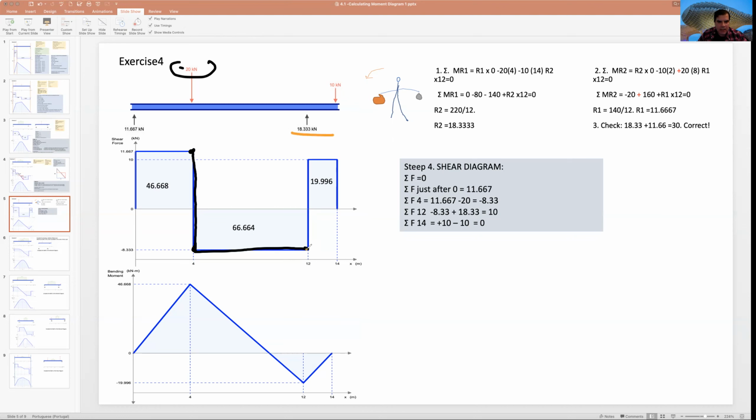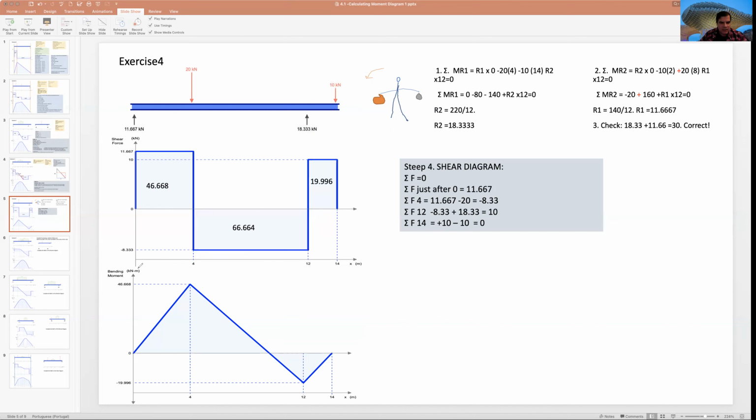I start in 8.33 and I need to arrive to 10 to have a vector of 18 long, that is this vector. Nothing happens. And after I have a last vector that is 10 in red, I need to go down 10 and close. From 10, I arrive to 0.